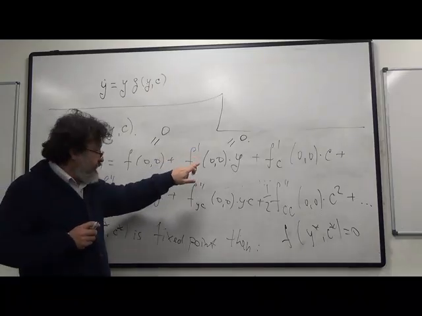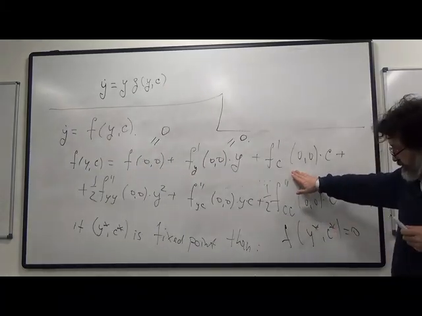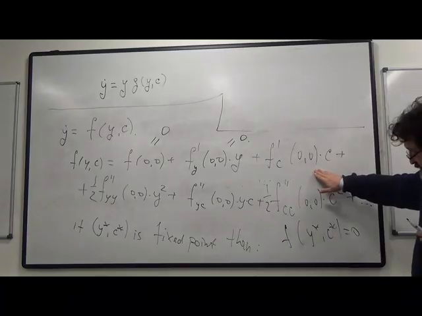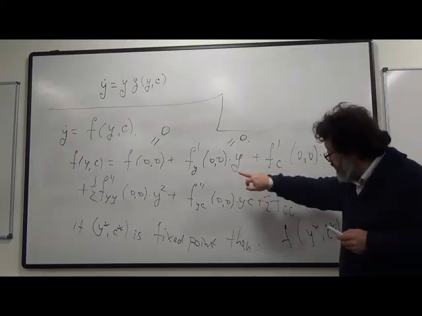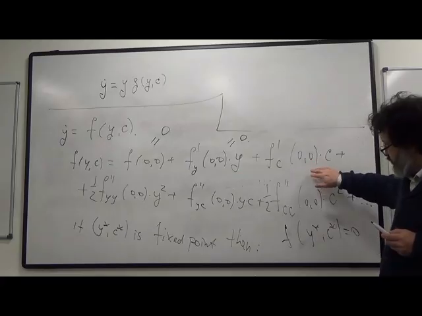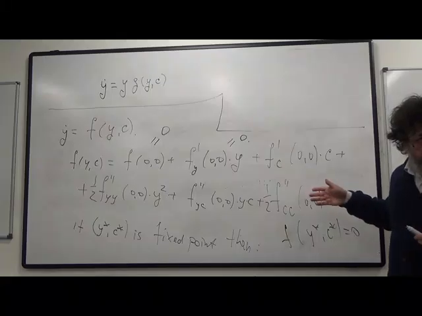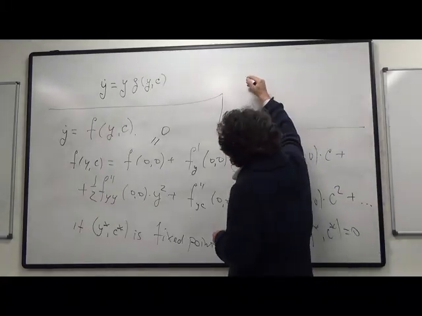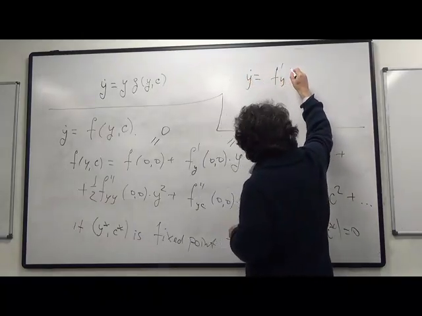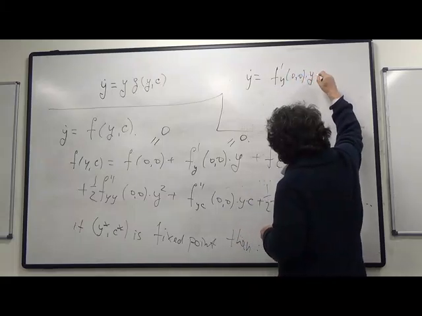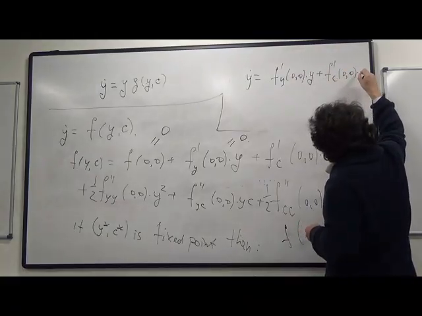Then, this one doesn't matter if it is 0 or not, I think. Okay, assume this is also not 0. We will keep this one, because it could be 0, could be not. And we neglect all second order terms. Therefore, we will have y dot equals the derivative of f over y at 0, 0 times y plus the derivative of f over c at 0, 0 times c.